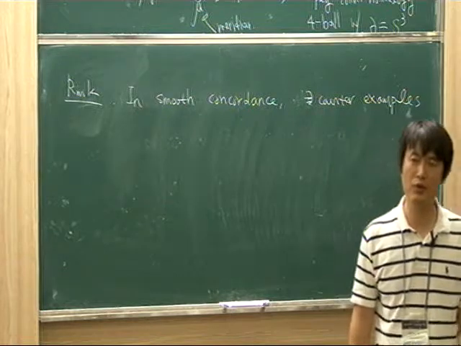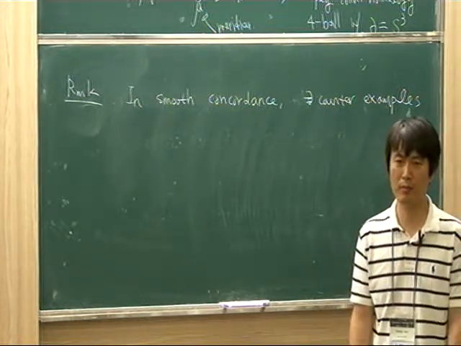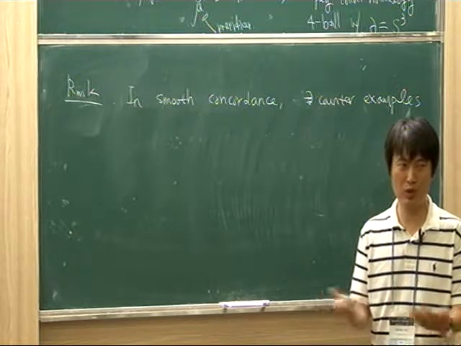I mean, in smooth concordance, we have examples with coprime polynomials which are concordant to each other.